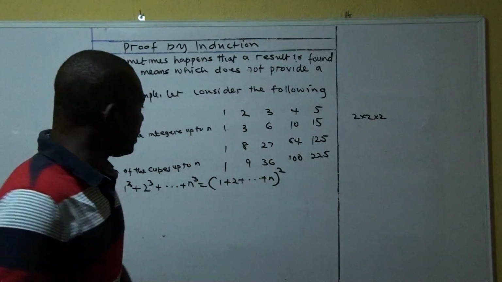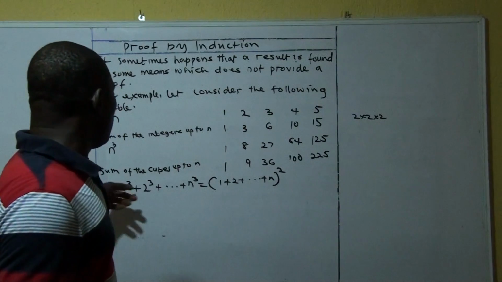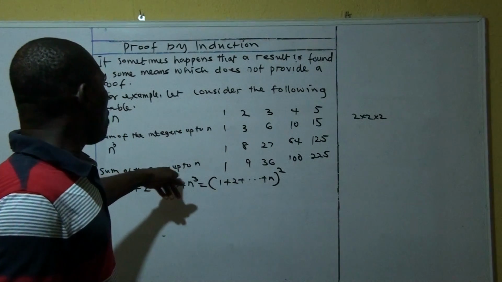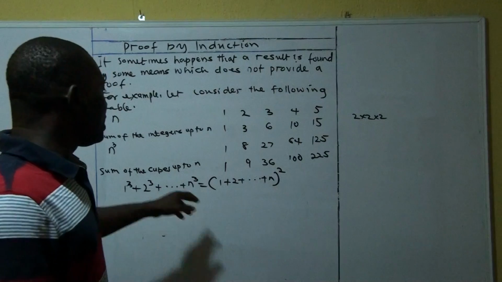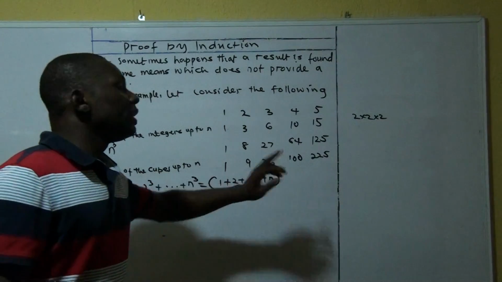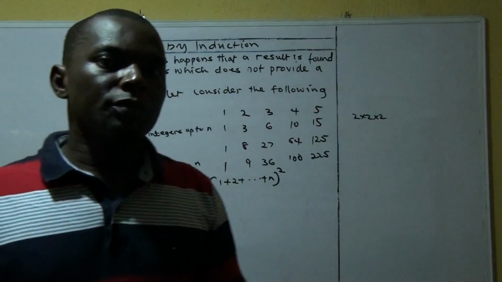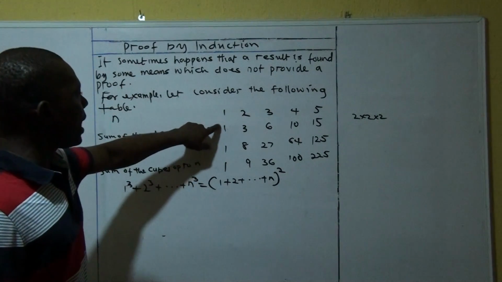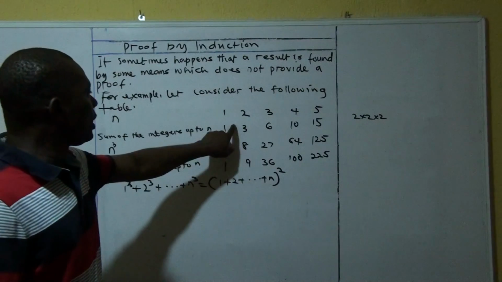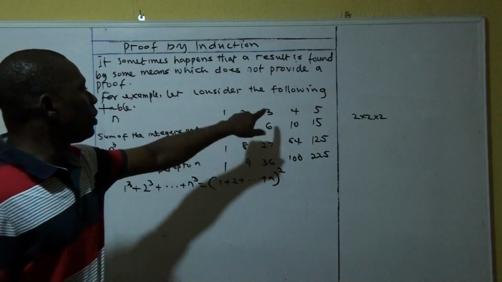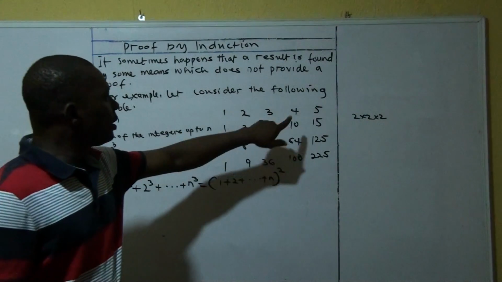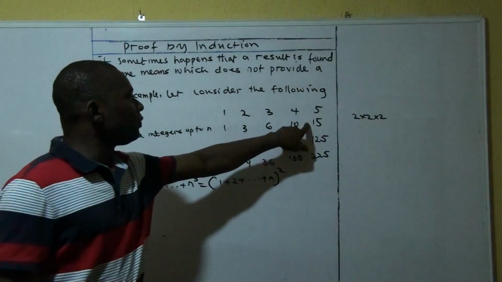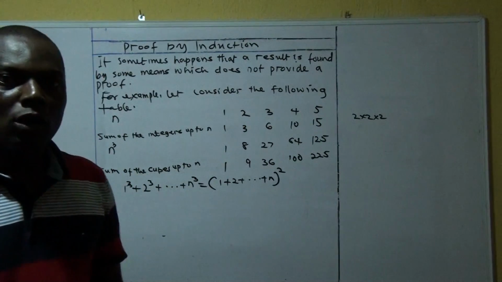So we are saying that the sum of the cubes up to n is the same thing as the square of the sum of n. So you can see here, 1 squared, 3 squared, 6 squared, 10 squared, and 15 squared gives us 225.